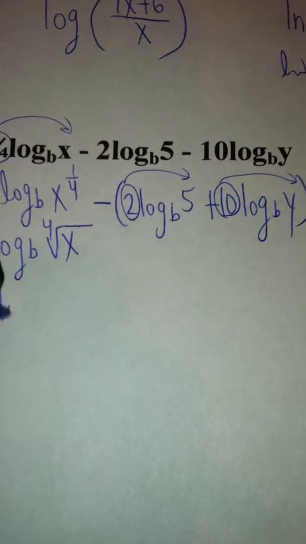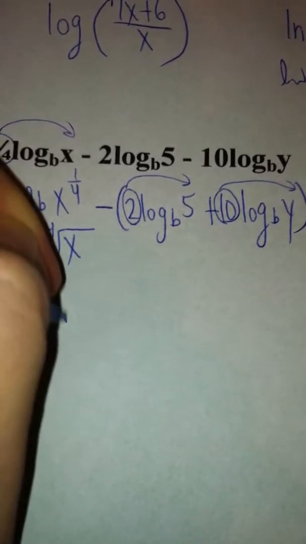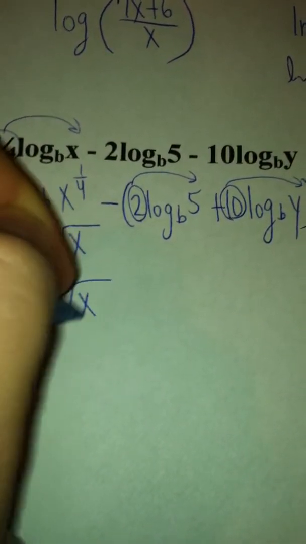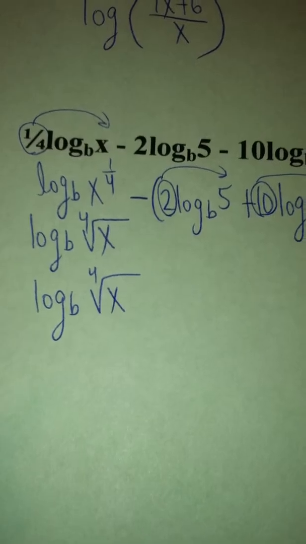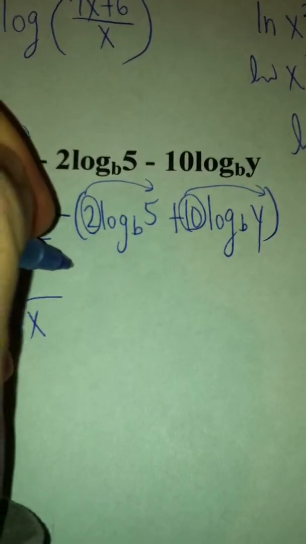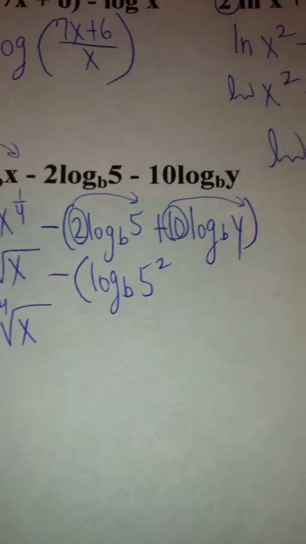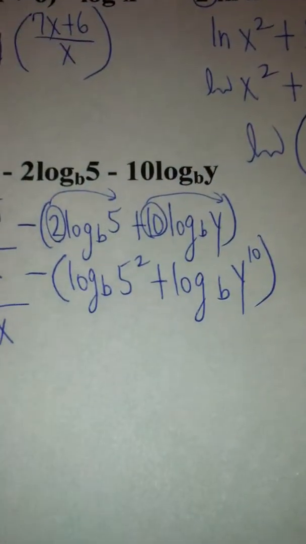So we have log base b 4th root of x, just bring that down. Over here we have minus log base b of 5 squared plus log base b of y to the 10th power.